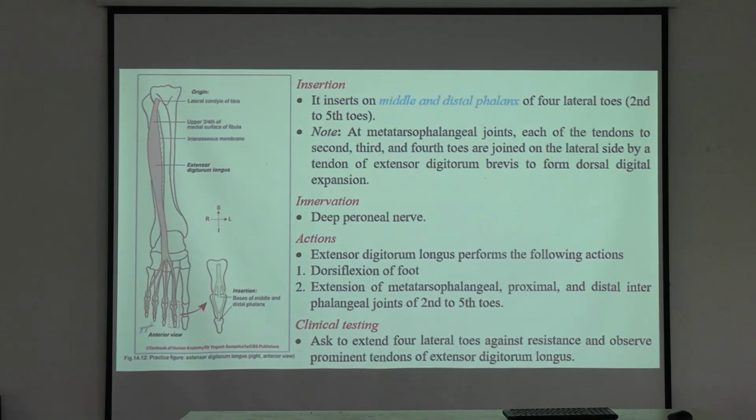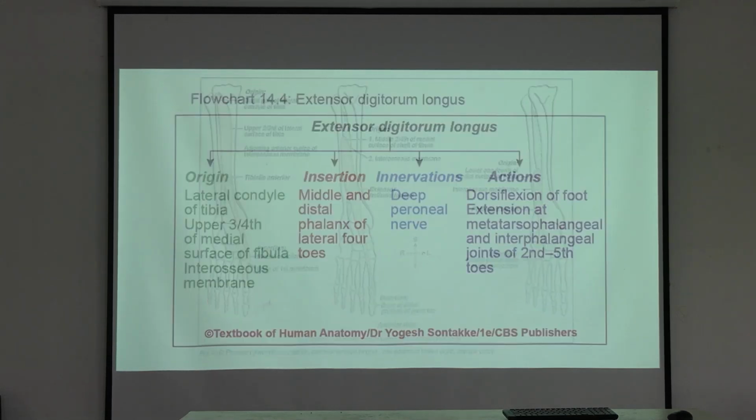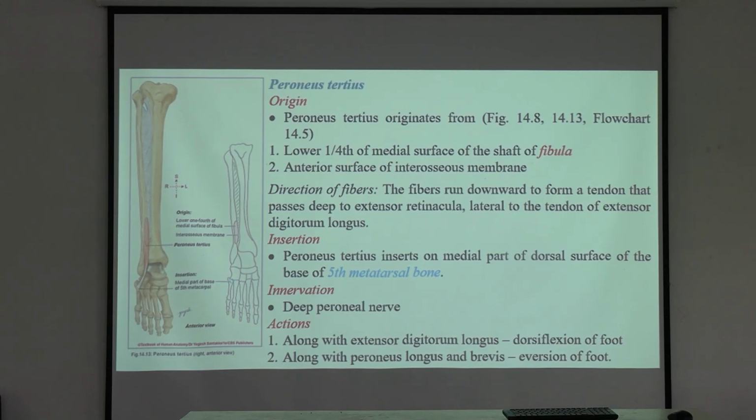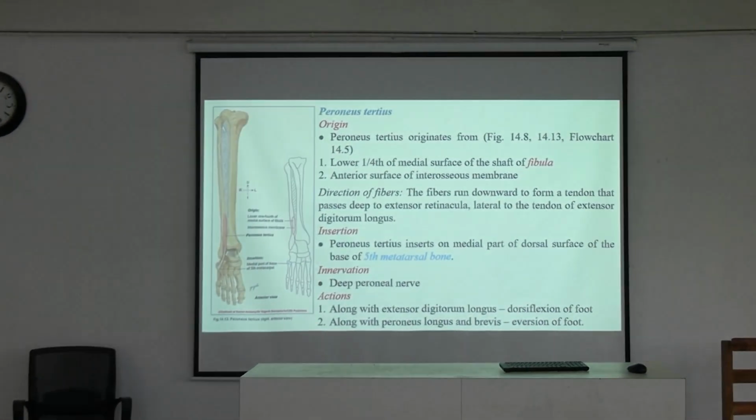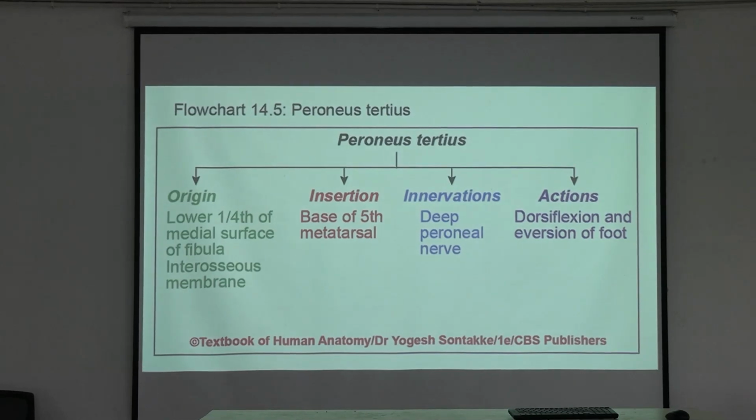Similarly, the same thing. Now this is the peroneus tertius from the lower part of the extensor surface of the fibula and it is attached at the base of the 5th metatarsal and peroneus tertius is for eversion. Eversion, peroneus longus, brevis and peroneus tertius, they are for the eversion.